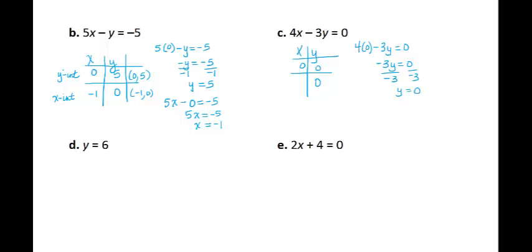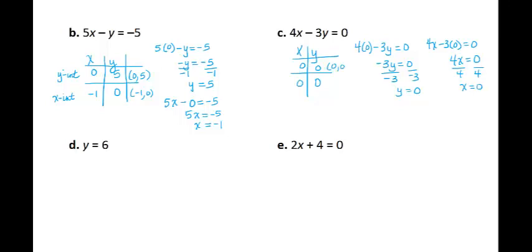Now if y is 0, notice that we're going to get 4x minus 3 times 0 equals 0. But 3 times 0 is 0, so 4x equals 0. And dividing by 4, we still get 0.